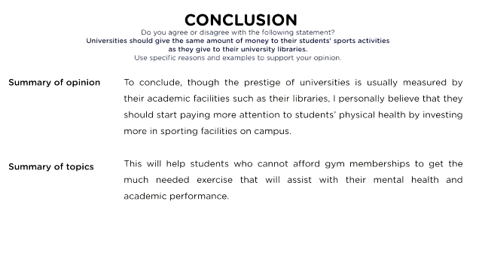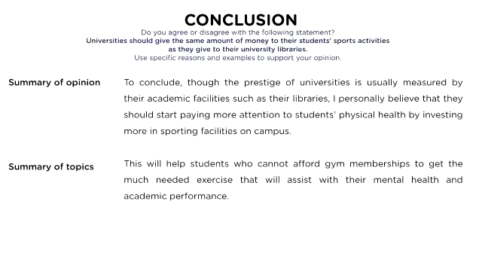To conclude, though the prestige of universities is usually measured by their academic facilities, such as their libraries, I personally believe that they should start paying more attention to students' physical health by investing more in sporting facilities on campus. So I stated that opinion in my introduction, I supported and explained it in my body paragraphs, and I'm summarizing it again in my conclusion.